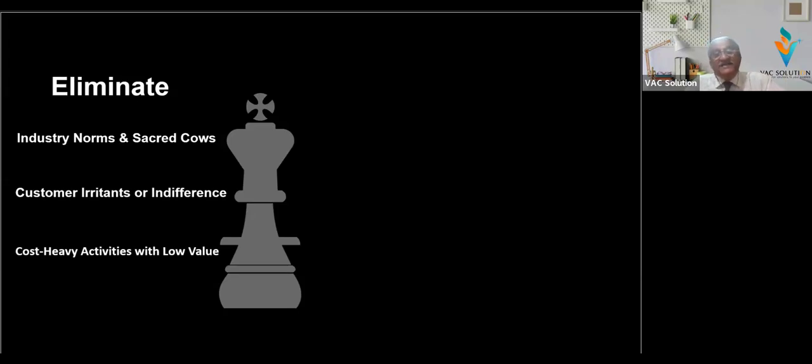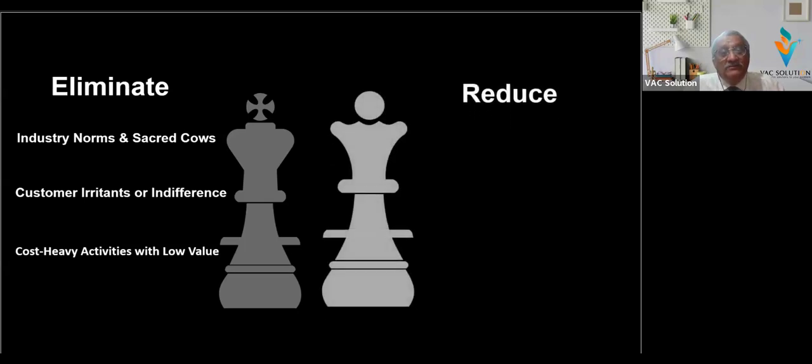We will see these through companies and examples so that you will be able to appreciate what I am telling. How companies have done it, we will see. And what do you reduce? Over-designed features. There are certain features which are over-designed because of a particular tendency of designers to like something. Because you like something, you continue to design it.